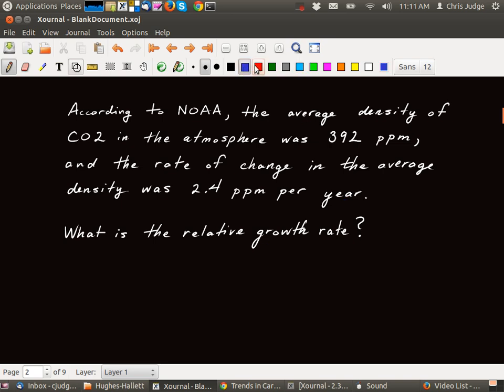Well, how do I interpret this problem mathematically? If I think of f of t as the average density of CO2, then the first clause is telling me the average density in the atmosphere was 392 at my particular time, in this case it's actually 2012 data, which I should have said.